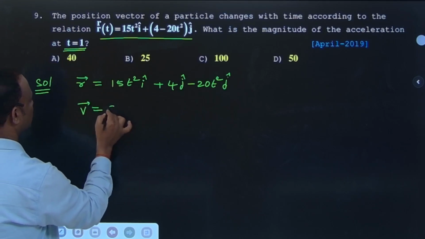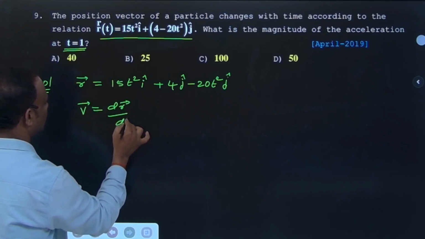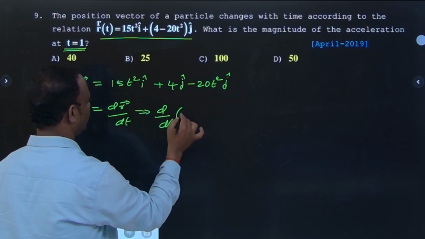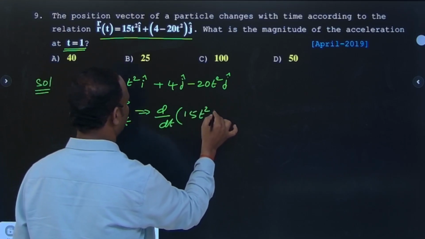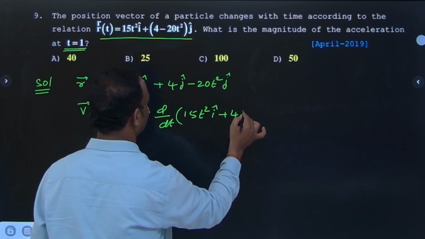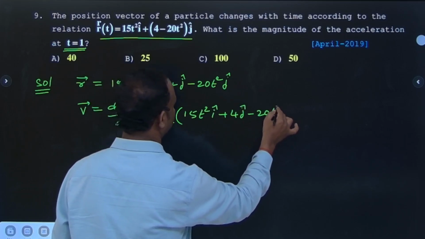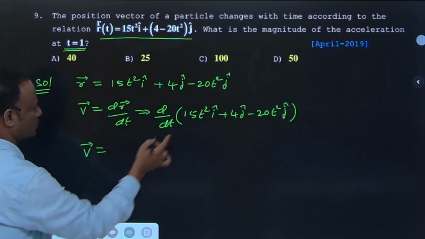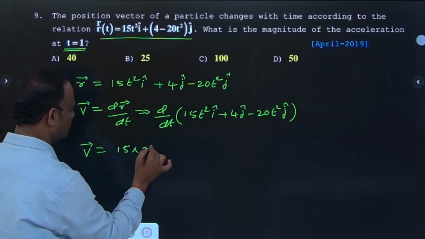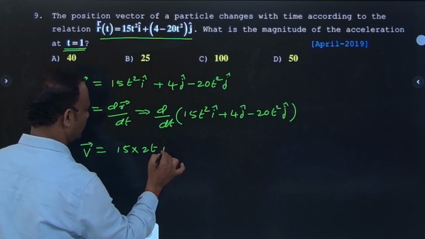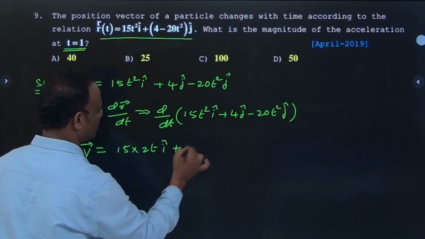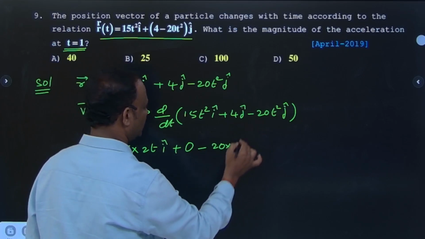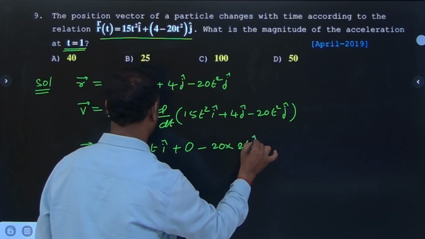V bar is equal to dr bar by dt. So d by dt of 15t square i cap plus 4 j cap minus 20t square j cap. So v bar is equal to 15 into 2t i cap, plus the differentiation of a constant is 0, minus 20 into the derivative of t square, which is 2t, j cap.